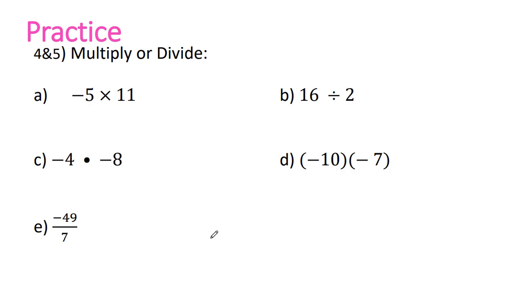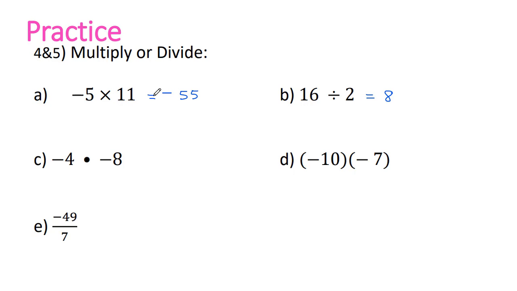For A, we have negative 5 times 11. So we have a negative times a positive, our result will be negative, and 5 times 11 is 55, negative 55. For B, we have a positive divided by a positive. 16 divided by 2 means our result is going to be positive, positive 8. Same sign, positive answer.